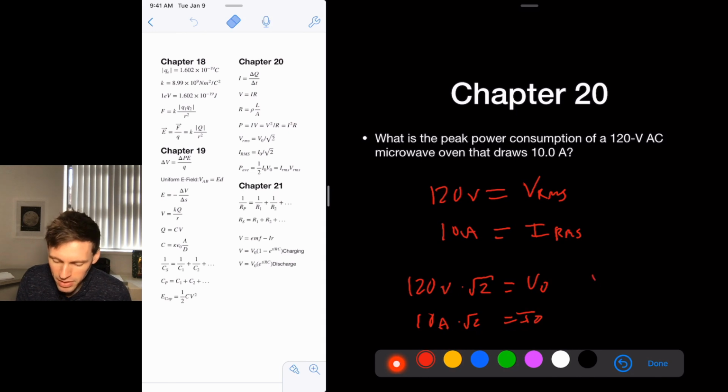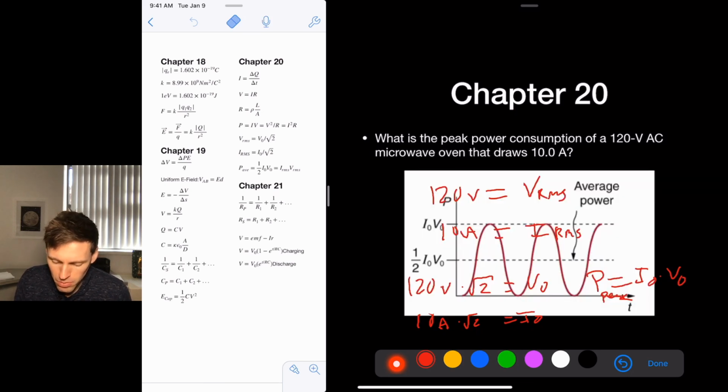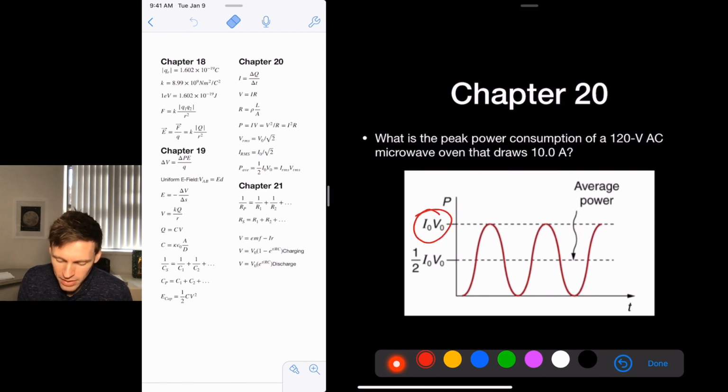The peak power consumption then is P peak equals I0 times V0. P equals IV. Our max is I0 V0, and our average is half that.